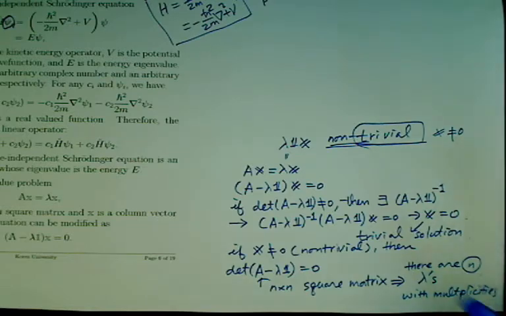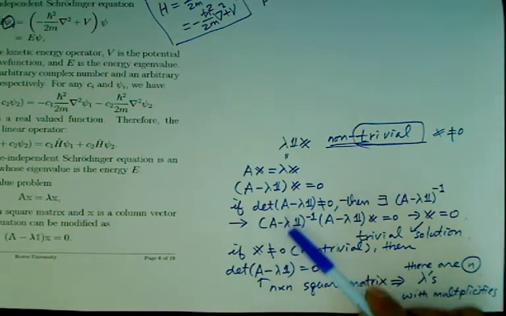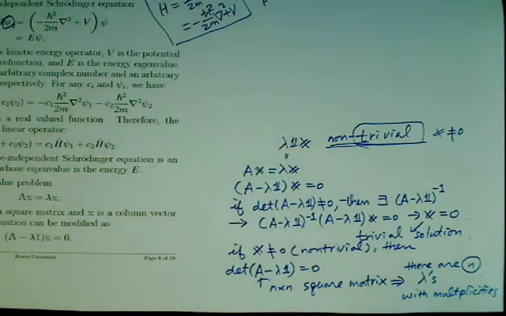In order to have a non-trivial solution, this matrix must not be invertible. Therefore, the determinant of this must be 0. We call this the secular equation, or characteristic equation. In general, matrix A has elements that are complex numbers.